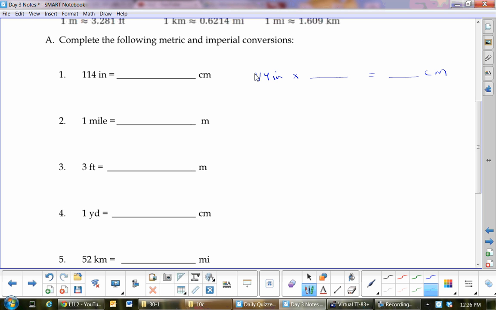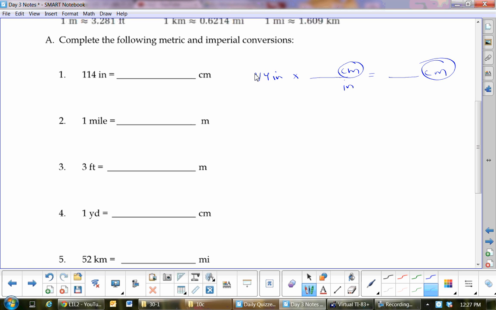I got to kill two birds with one stone. I need to get rid of units and put units in there, and then I need to put a true one statement. So if I'm going to get rid of inches, I should put it at the bottom, right? So they both cancel, and then I will put centimeters up top because I want centimeters left up top.